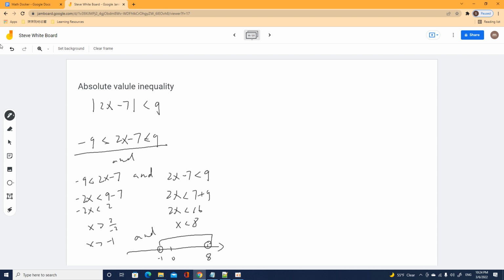We see another example. When you see an absolute value inequality greater than a number, this can be written down like this, with an or.